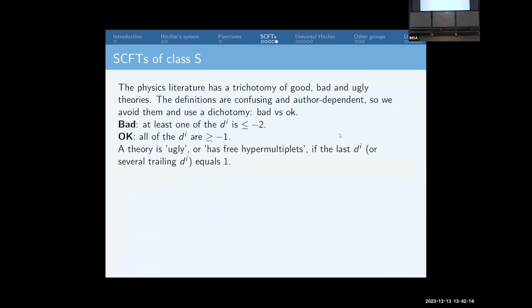Okay. The physics literature has that famous dichotomy of good, bad, and ugly theories. The definitions are funny and confusing, and there doesn't seem to be a great unity between the authors. So we decided we just had to abandon them, and we're going to work with a dichotomy between bad and okay. So okay means either good or ugly.